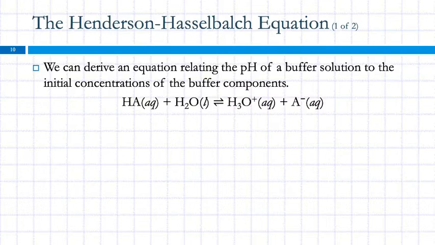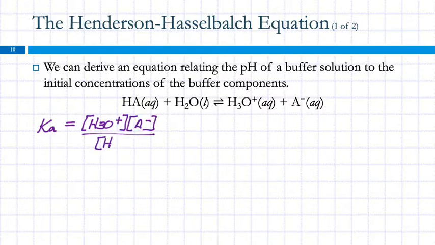So we can write an equilibrium constant expression for this, where Ka is going to equal H3O plus times A minus divided by HA. And I'm going to rearrange that. I'm going to solve that for H3O plus.